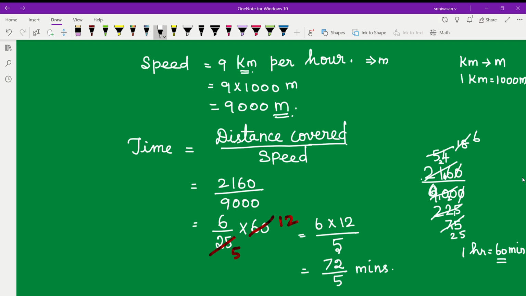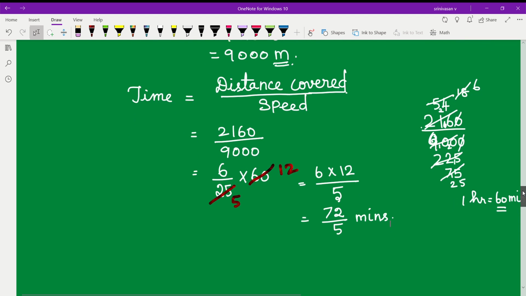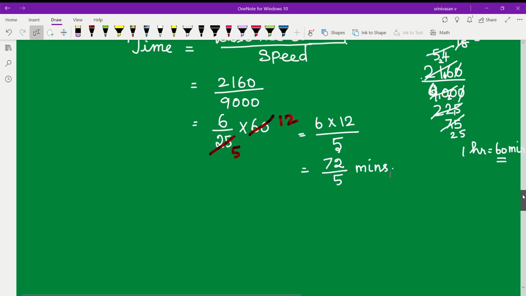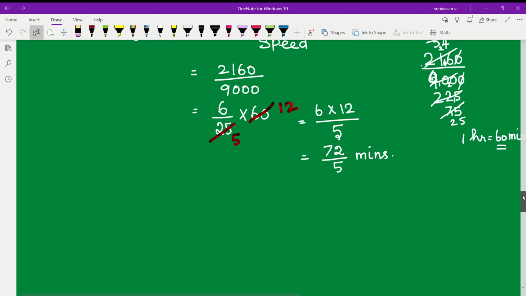So it is an improper fraction. If we divide this, we can get in the form of mixed fraction. Shall we divide the number? Yes, 72 by 5.